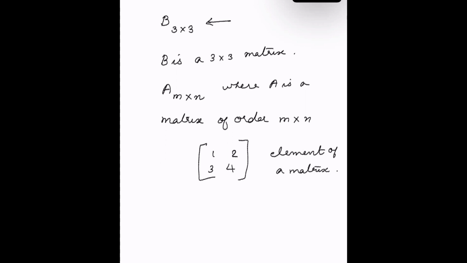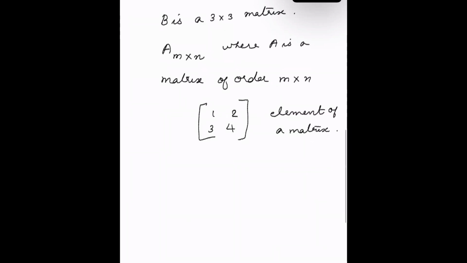Now, how many elements will there be in a matrix? How do we identify that? I'm giving you a question: A is a 4x3 matrix.